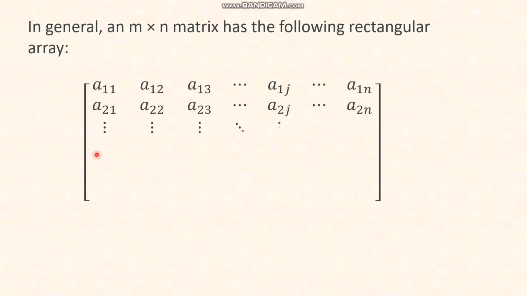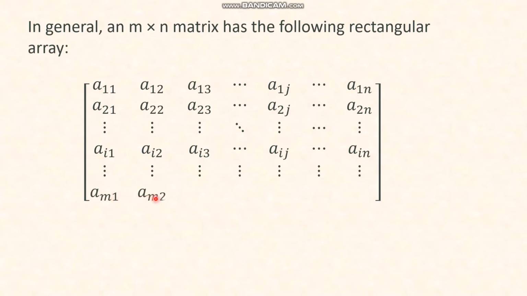Similarly, the ith row will be ai1, ai2, ai3, so on to aij, so on to ain. Similarly, the last row will be the mth row, and it will be am1, am2, am3, so on to amj, so on to the last entry amn. And this is an m by n matrix.